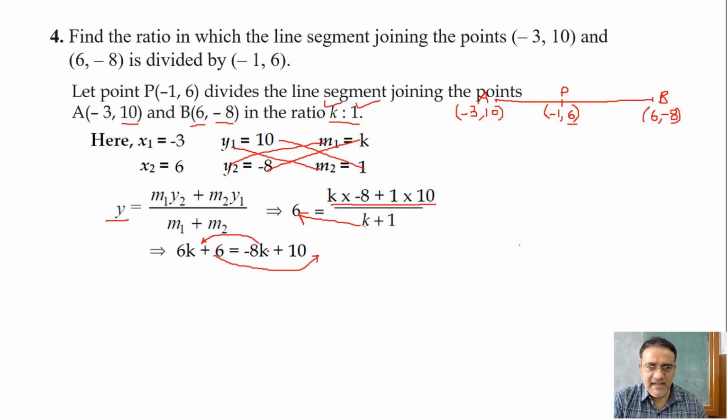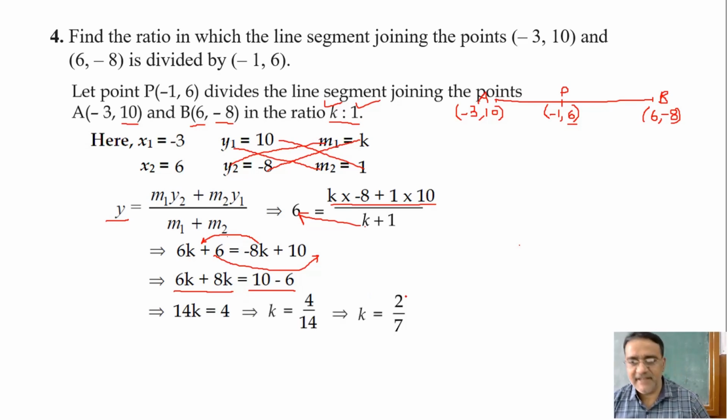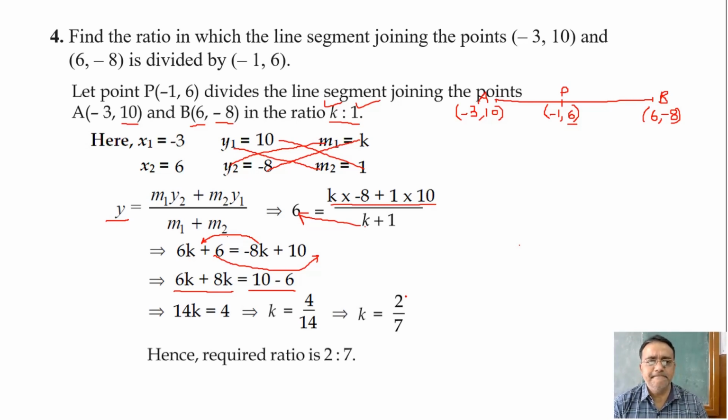So minus 8k इस side आएगा तो plus 8k हो जाएगा, and if you shift plus 6 to this side, it will become minus 6. Now 6 plus 8 is 14, so 14k is equals to 4. So what is the value of k here? 2 by 7. 4 by 14, that is 2 by 7. Hence the required ratio is 2:7. Any doubt here?